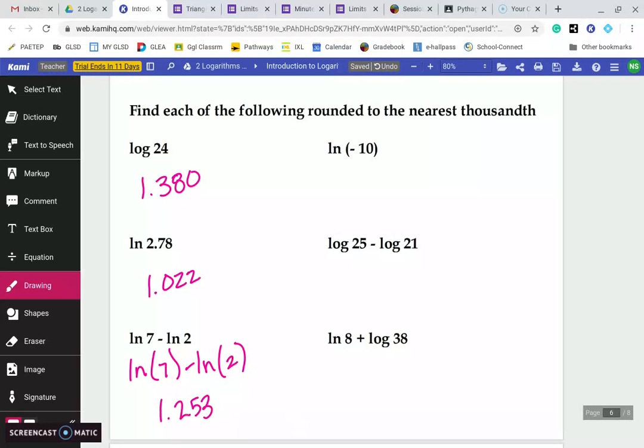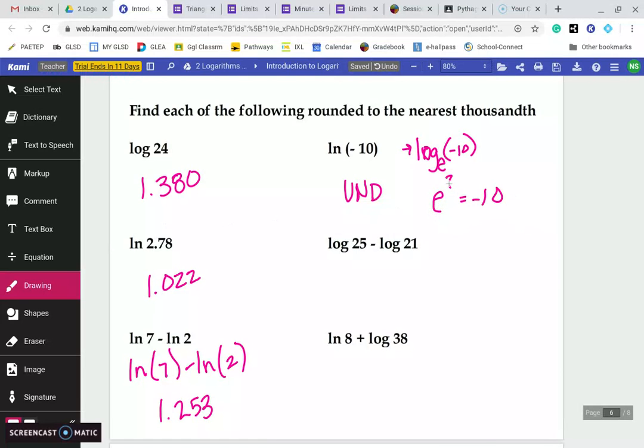For natural log of negative 10, you actually get something that's undefined. That's because this is really saying log base e of negative 10. So this is asking for e to the what gives you negative 10. Well, that's not possible. e is a positive number, 2.7.